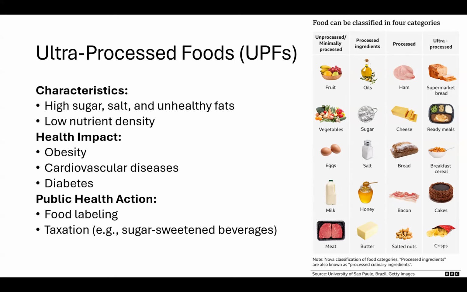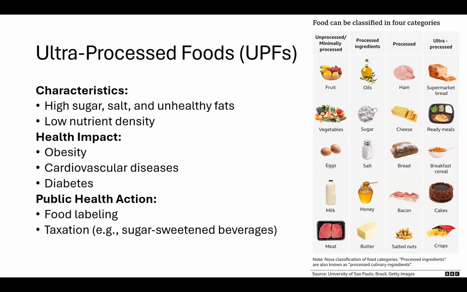On the right side, there is a comparison dividing food into four categories. First, we have unprocessed or minimally processed food. Then we have processed ingredients, and then we have processed food, and then finally we have ultra processed food. In unprocessed or minimally processed, we have fruits, vegetables, eggs, milk, meat.